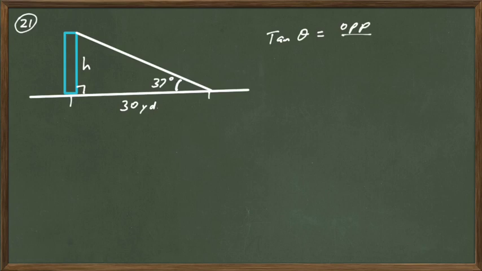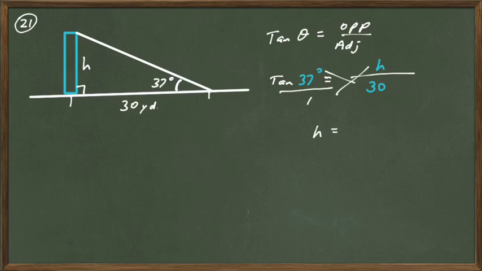Tangent is opposite over adjacent. So the tangent of 37 degrees equals opposite, which is H, over the adjacent, which is 30. When you cross multiply, multiply both sides by 30, gives you tangent of 37 degrees times 30.